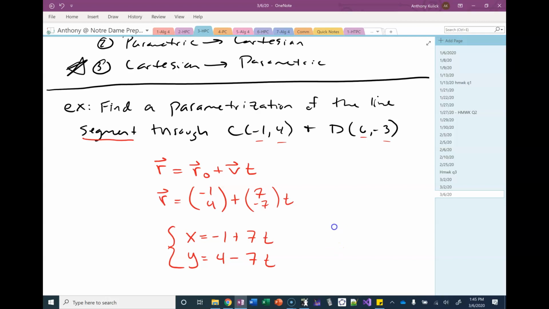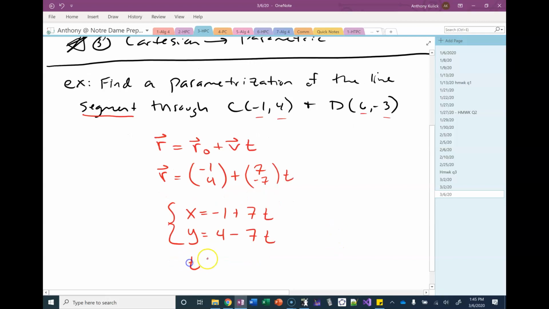The only thing that I still need now is my interval for my parameter. Since this is a line segment, that interval is not going to be infinitely long, right? So let's think a little bit about what's going on here.